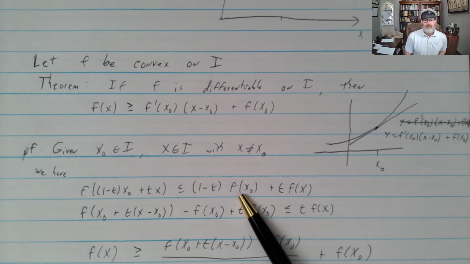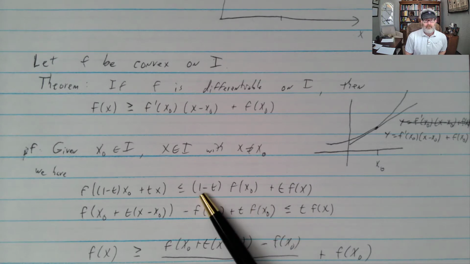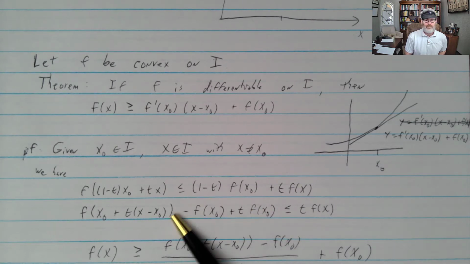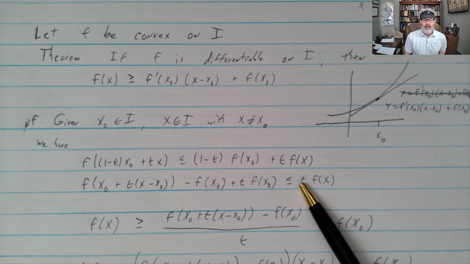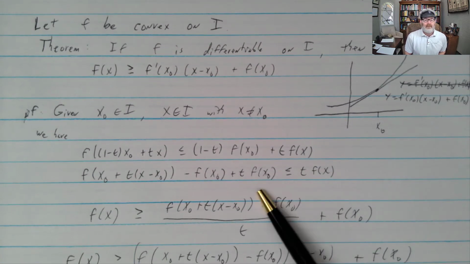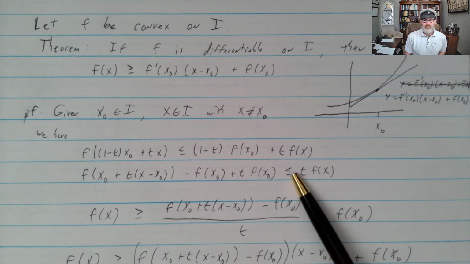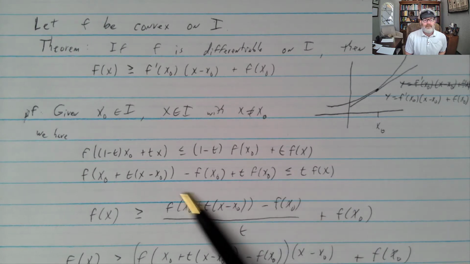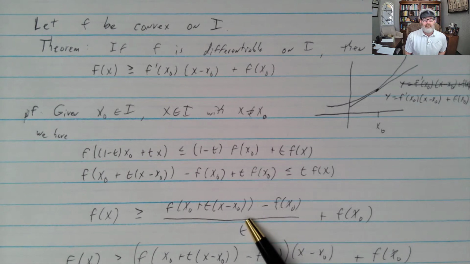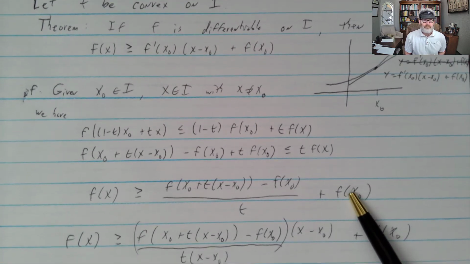Now I'll distribute this f of x₀ to 1 and t and move them to the left-hand side. So then we get this line. Now I'm going to divide by t. So we have f of x is greater than or equal to this minus that, divided by t, and then also this divided by t, which will just be f of x₀.